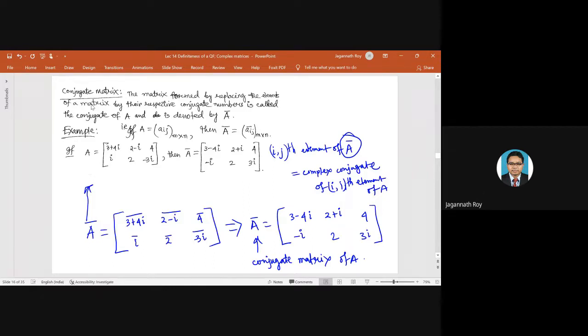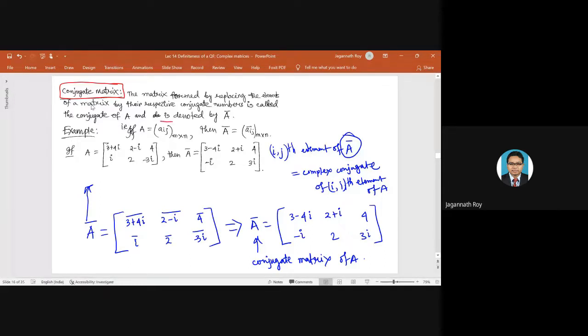So what is a conjugate matrix? We have seen the transpose of a matrix and the inverse of a matrix. Now, if we have complex matrices, there is a new definition called the conjugate matrix, for which we have to take the conjugate.